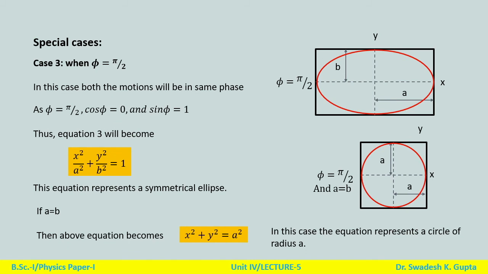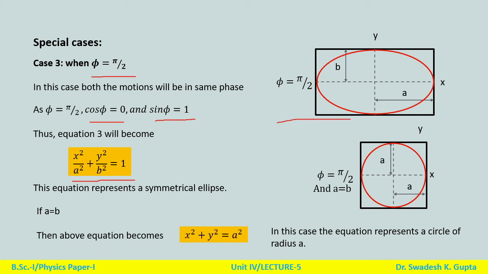In case 3, when the phase difference is pi by 2, cos phi will be 0 and sin phi will be 1, and then the equation which we will get is the equation of a symmetrical ellipse as shown here.